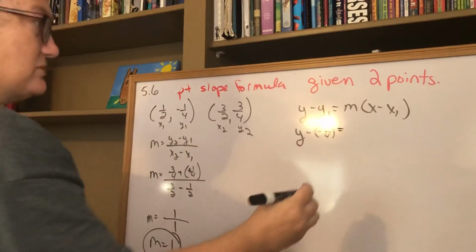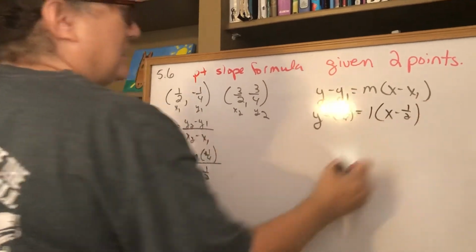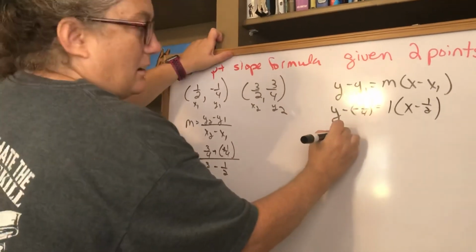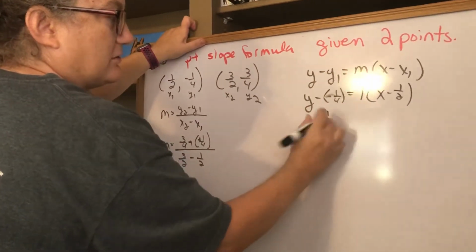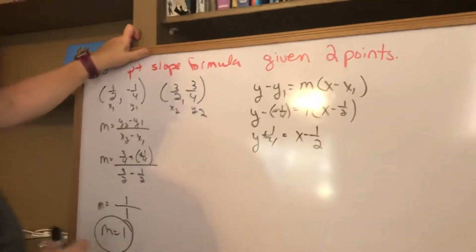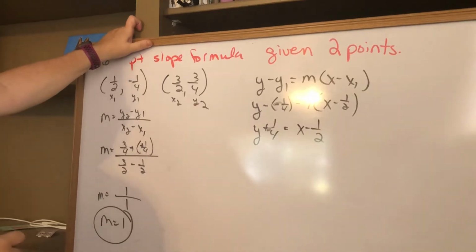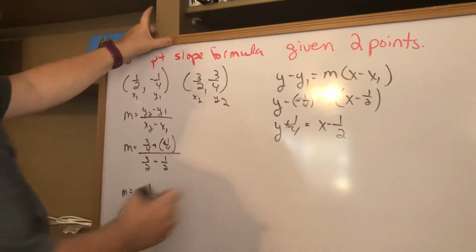Equals, my m is 1 times x minus 1/2. Now we got to clean it up. Y plus 1/4 equals x minus 1/2. And we'll put this in slope-intercept form.